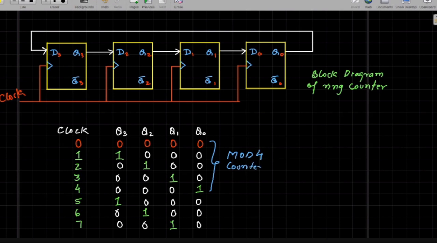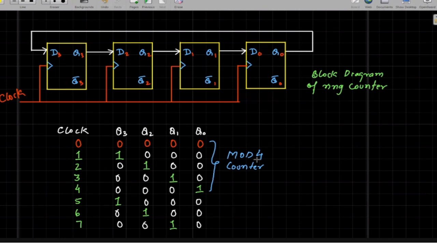Sometimes in your examination, an objective question could be asked like which of the following is a mod 4 counter, and then the options could be BCD counter, ring counter, Johnson counter, and a few more. Then of course you have to choose ring counter as your answer. And if you want to observe this pattern clockwise, we have just seen that your clock is divided by 4.